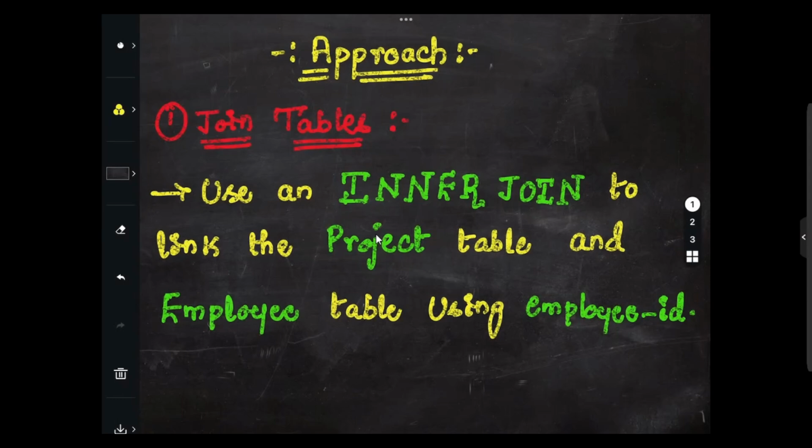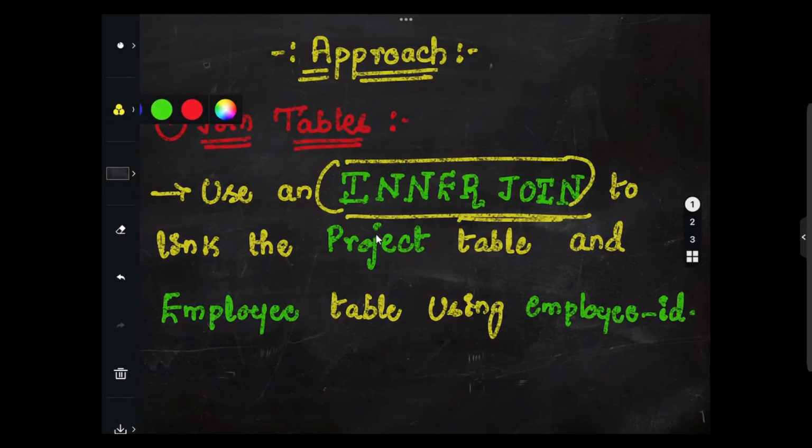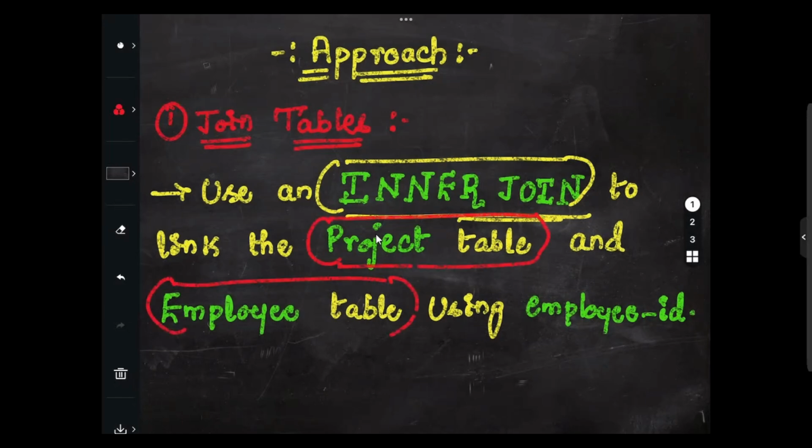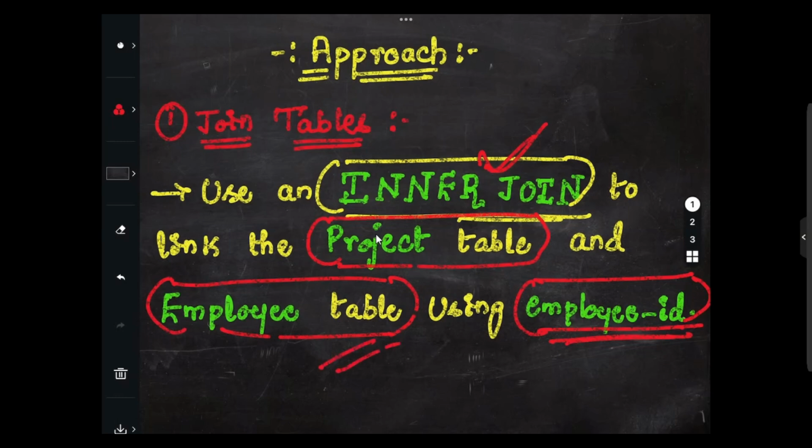Because we have to link the project table and the employee table using the employee ID, as we have discussed in the question already. That is the reason we'll be going with the inner join.